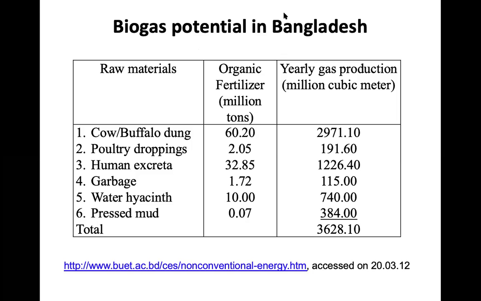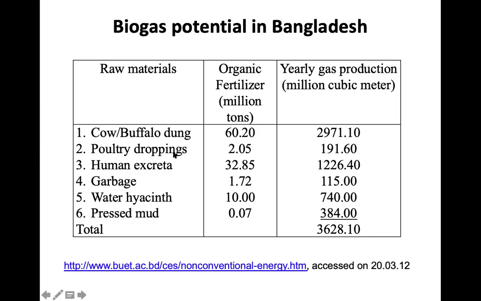But the problem is, in the case of a biogas plant, you need cow dung, buffalo dung or poultry droppings. But in our villages, a big change is that most of the farmers have no cow or buffalo. As a result, the supply of raw materials for biogas plants is really a big challenge.